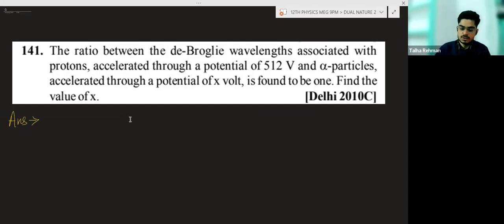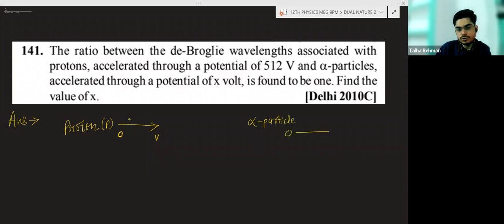Very easy question. Proton is there, P for proton. Proton is accelerated from 0 to V potential difference. And alpha particle is there, and this alpha particle is accelerated from 0 to x volt potential difference.